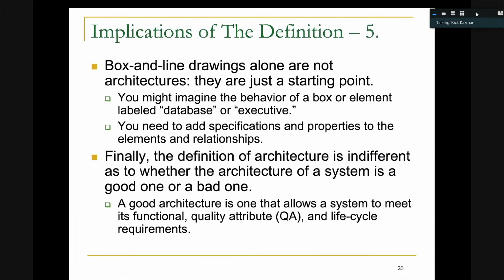So box and line diagrams are good, but they're just a starting point. We need to add more information, specification, properties. We need to connect those diagrams to the code base, to the real ground truth artifacts, to ensure that we're compliant with them. And if we're not compliant, we should either change the implementation so that it complies, or change our rationale, or change our documentation, right?